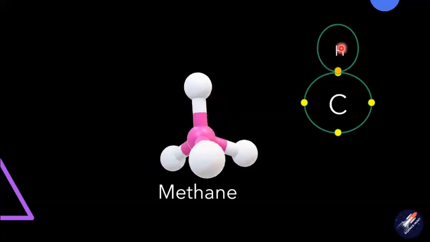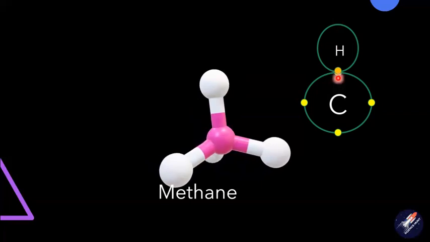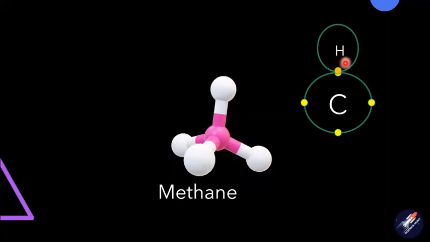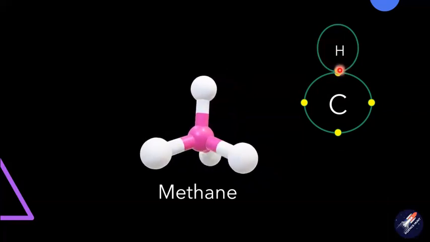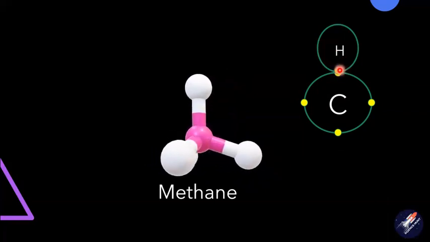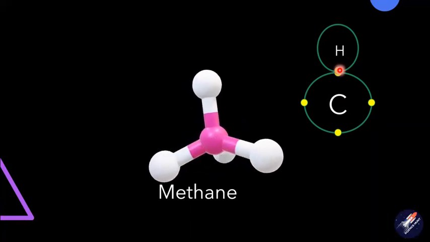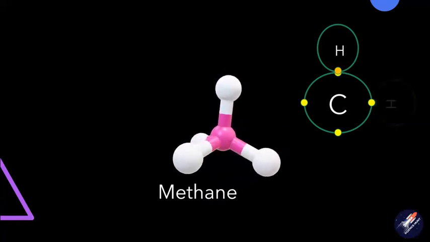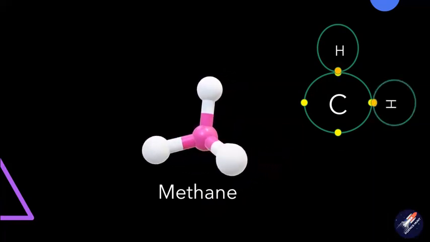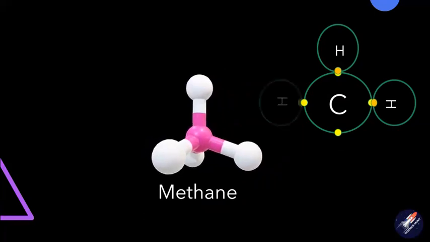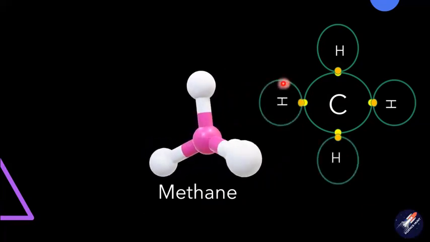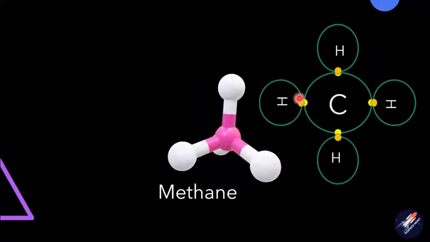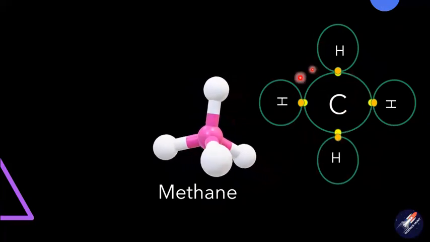So this hydrogen atom now fulfills the duplet rule, as it has its own 1 electron and 1 electron from the carbon atom. There is another hydrogen atom, same as the previous one, and 2 other hydrogen atoms.